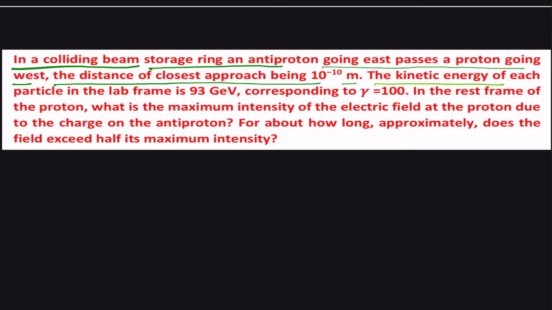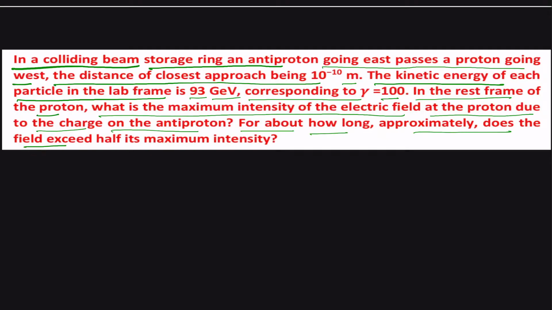The kinetic energy of each particle in the lab frame is 93 giga electron volt, corresponding to gamma equal to 100. In the rest frame of the proton, what is the maximum intensity of the electric field at the proton due to the charge on the antiproton? For about how long approximately does the field exceed half its maximum intensity?